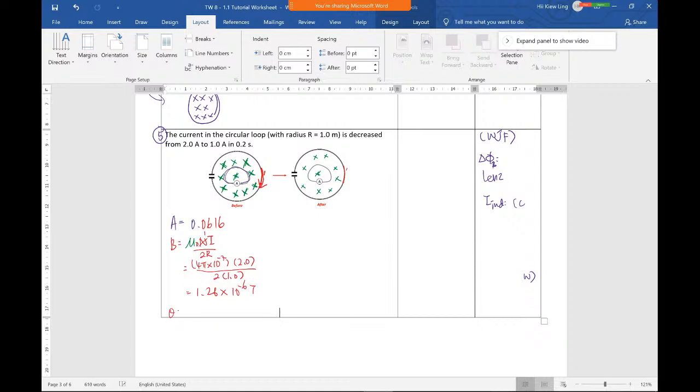Theta is equal to 0. The area doesn't change. However, the magnetic field felt changes because the current decreases. Current is decreased to 1, giving 6.28 times 10 to the power of negative 7 Tesla, with theta equal to 0. Now from Faraday's equation, determine our induced current.